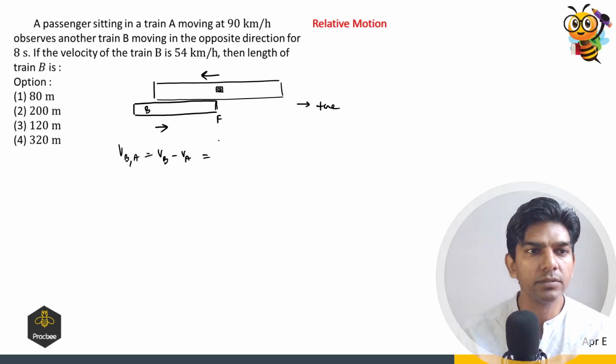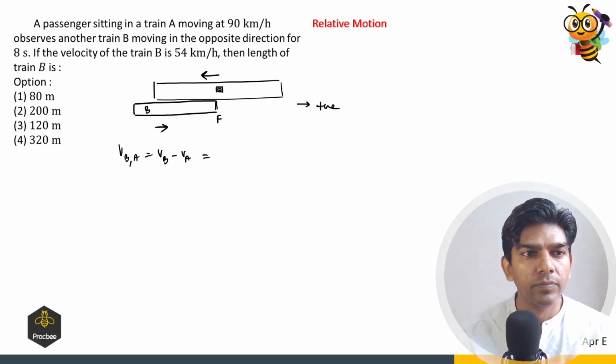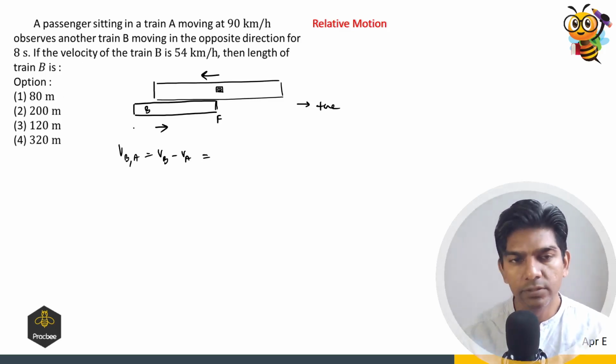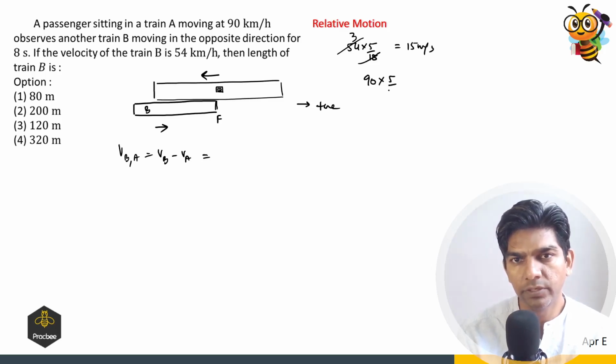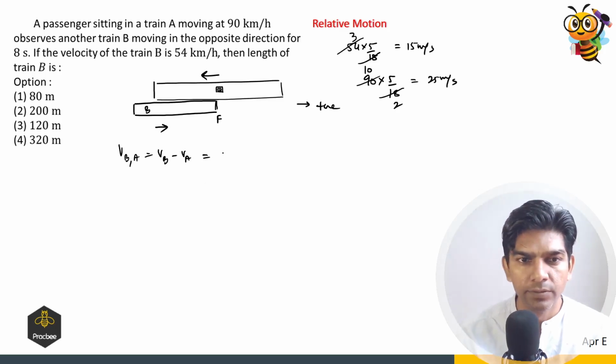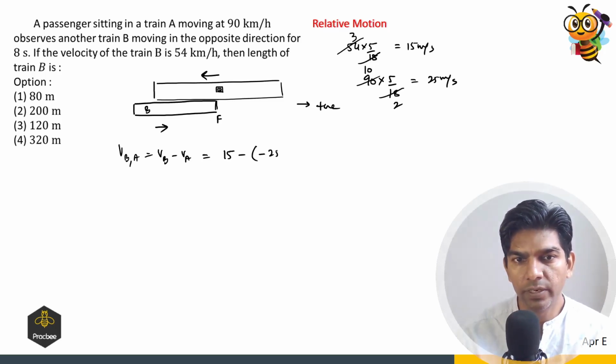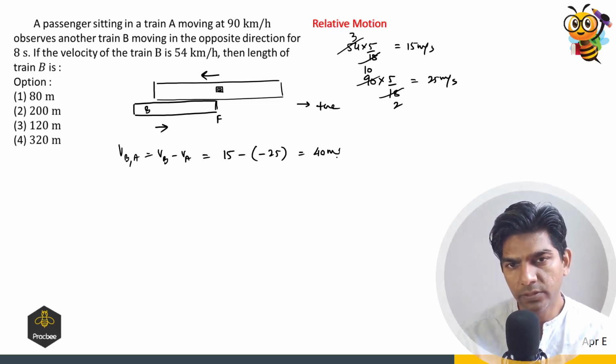VB is 54, and we have to find the answer in meters, so let me convert 54. 54 times 5 by 18 will be 15 meters per second, and 90 times 5 by 18 will be 25 meters per second. So VB with respect to A is 15 minus of minus 25, so that will be 40 meters per second.